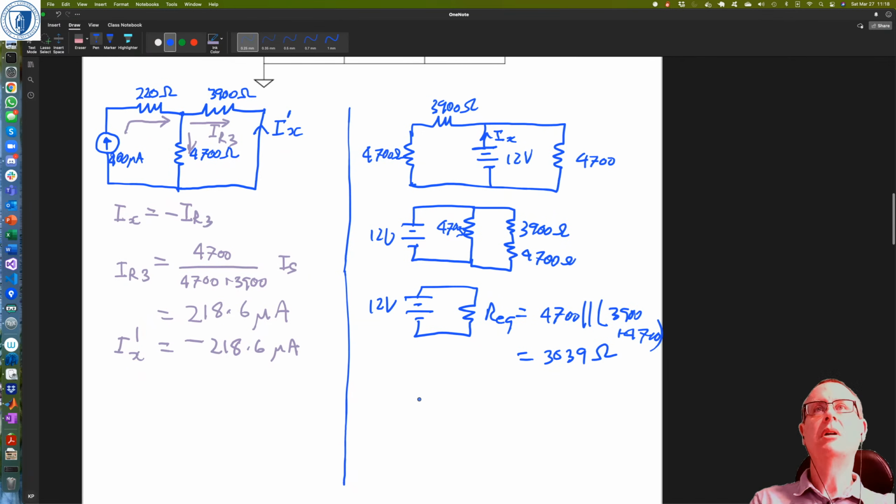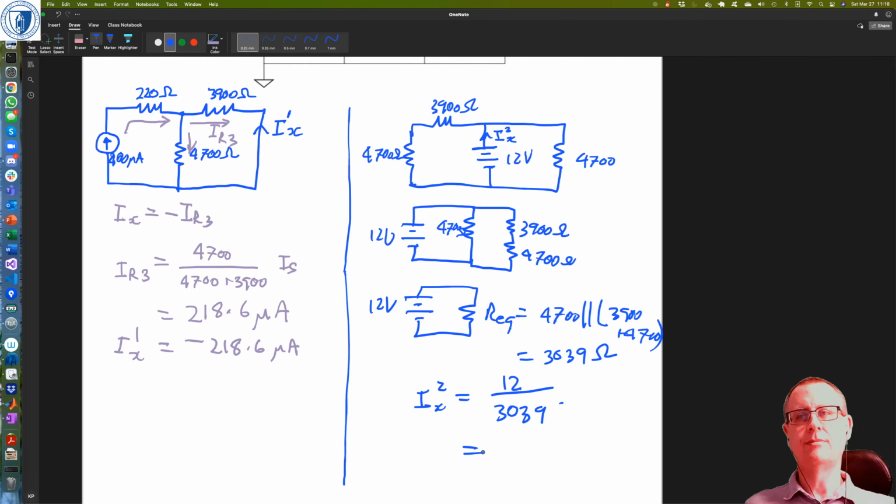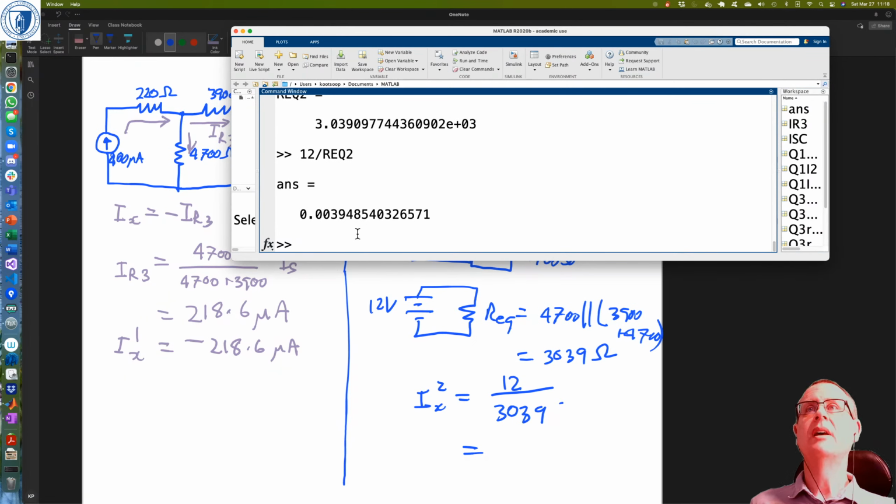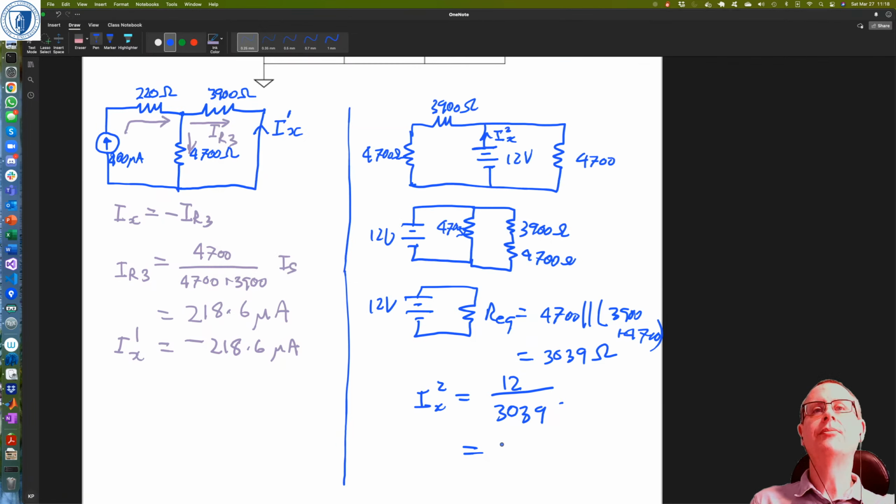So that means my IX2, and I should have put a 2 there, my IX2 is equal to V on R, 12 on 3039, and that equals, swapping back to MATLAB, 12 on REQ2, which is 3.949 milliamps.